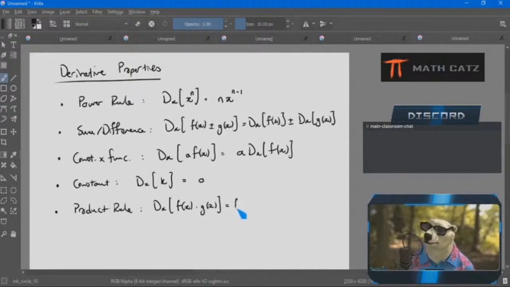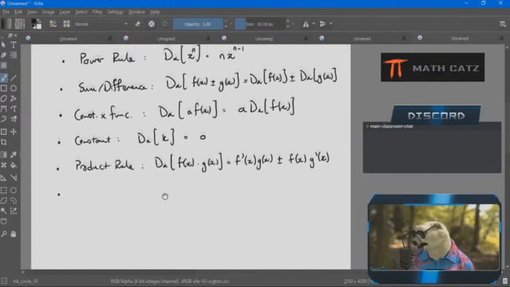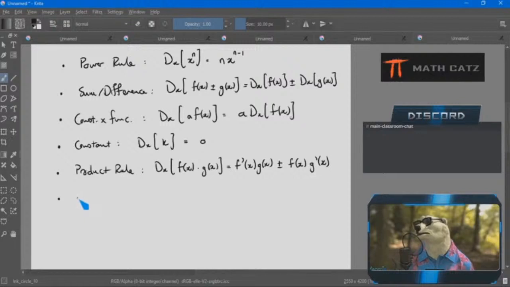It is going to be the derivative of the first times the second, and I'm mixing notations here because I can and it's convenient, plus the first times the derivative of the second. So not terrible, but certainly not the simplest it could be. It really comes out of the proof using the limit definition, and it just is what it is. There's not much I can do about it.